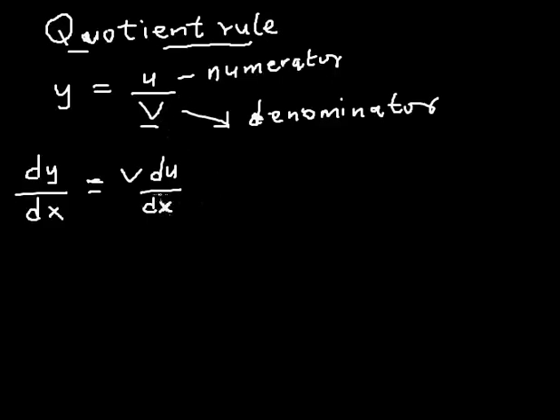So v du/dx, then this time around it is minus, not plus. Now keeping u constant, I'm going to differentiate v with respect to x. Another difference is that after you are done with all this, you have to divide everything by v squared, where v is the denominator.